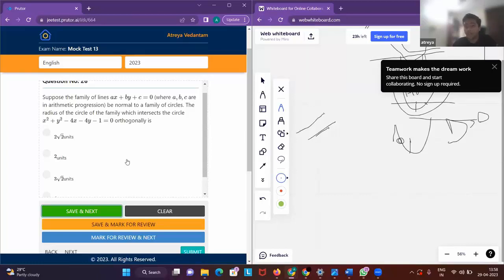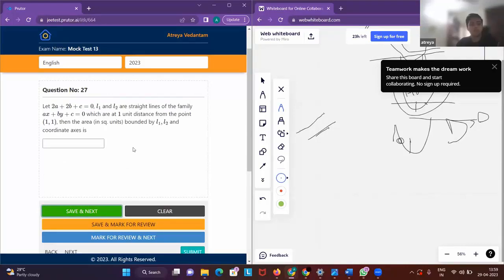We know the center of the family must be (1, -2). For orthogonality, we know that the square of the distance between the centers equals the sum of the squares of the radii. The square of the distance between the centers in this case is simply 1 squared plus 4 squared, which is 17, which is equal to the square of the first radius, which is 9, plus r squared. So r squared is simply 8, which means r is equal to 2 root 2.